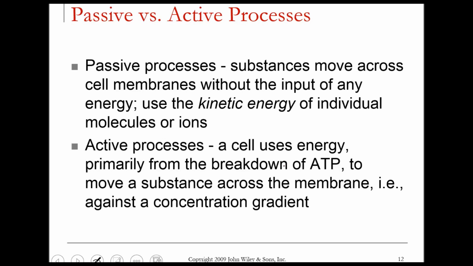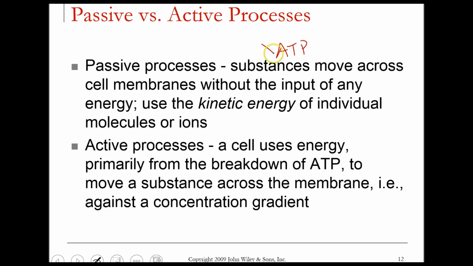So, movement of material into or out of the cell could either be a passive process or an active process. A passive process means that you don't need power from chemical energy. You don't need the power from ATP.